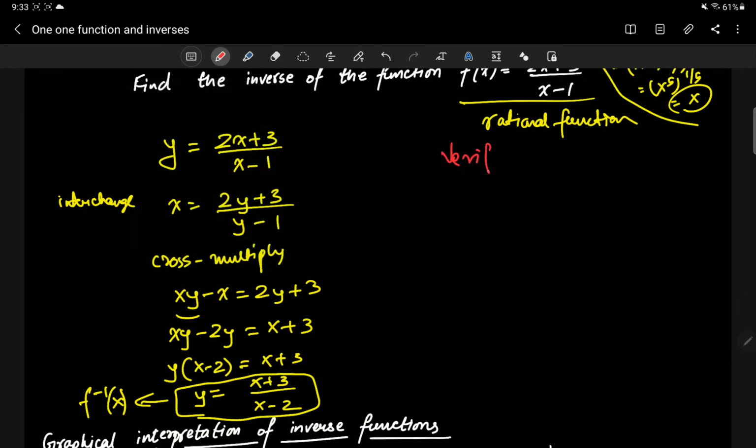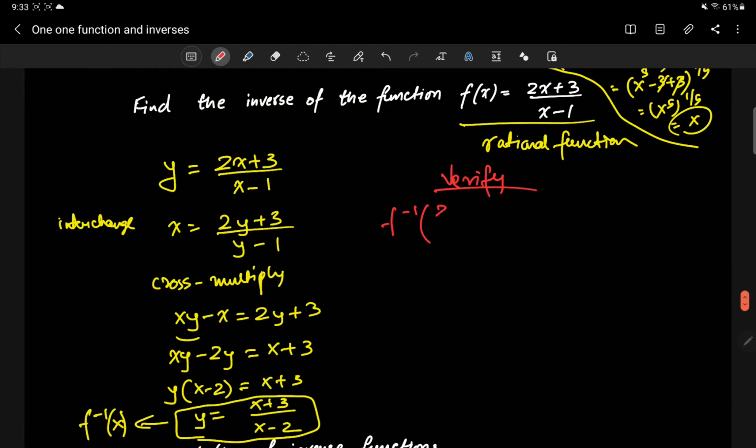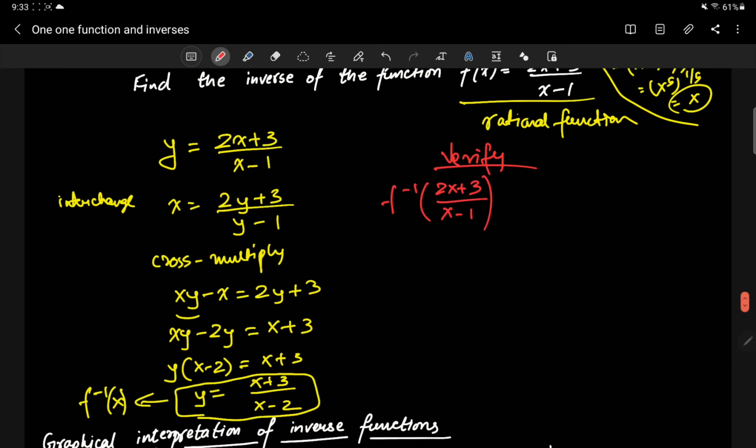We still need to verify. So f inverse of f of x, which is (2x plus 3) over (x minus 1). I'm going to do one of the verifications and then you should try the second one on your own. This one is a slight bit involved, and that is f inverse. So this is what has to go in place of x.